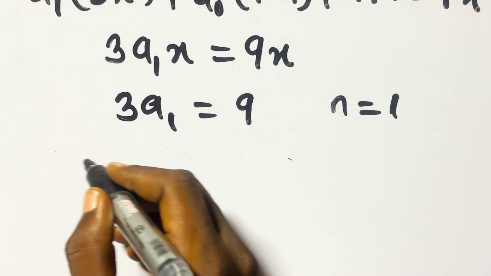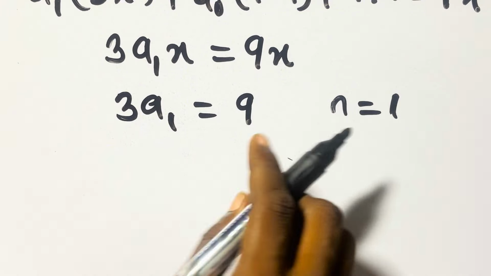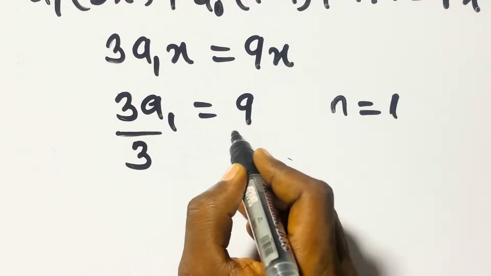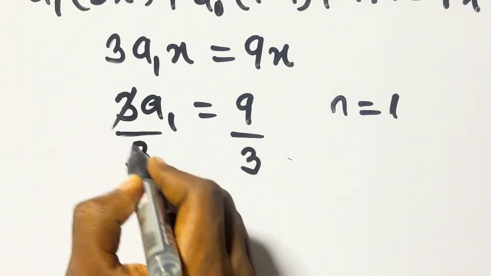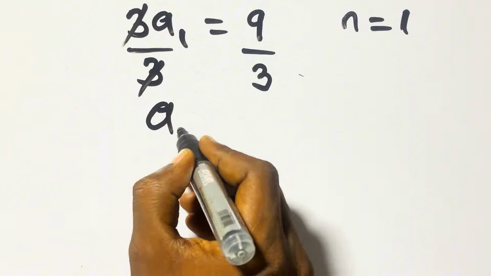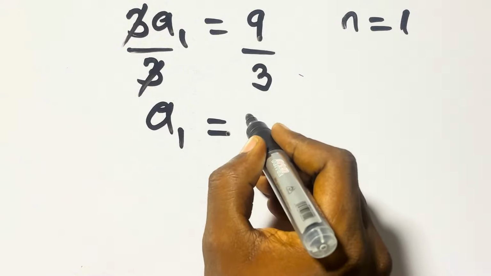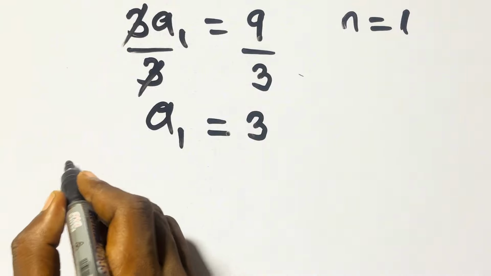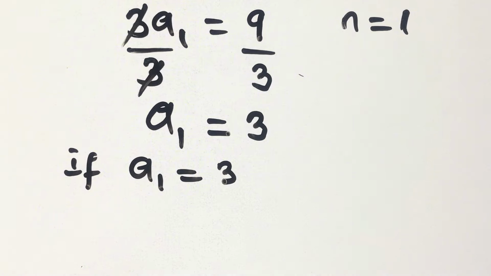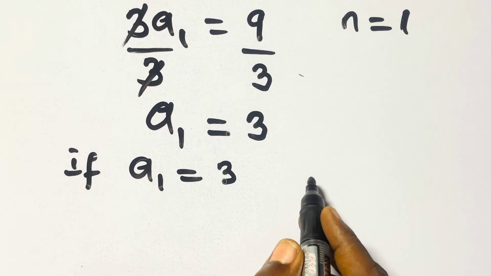Now let's divide both sides by 3. This will cancel out, and we have a_1 equal to 9 divided by 3, which gives us 3.